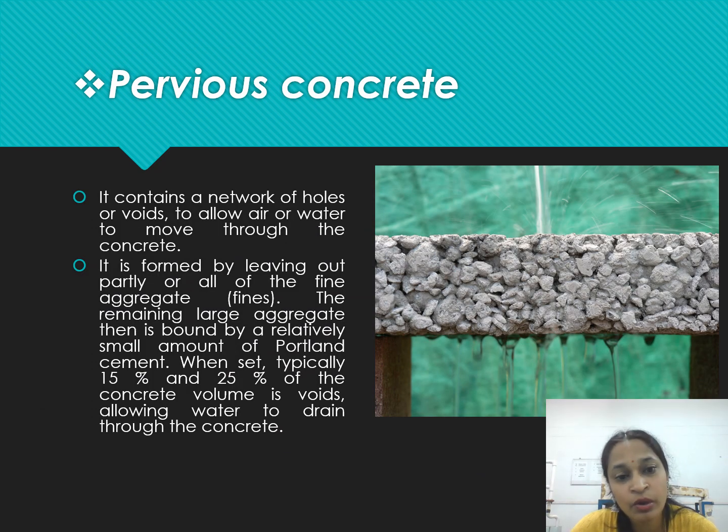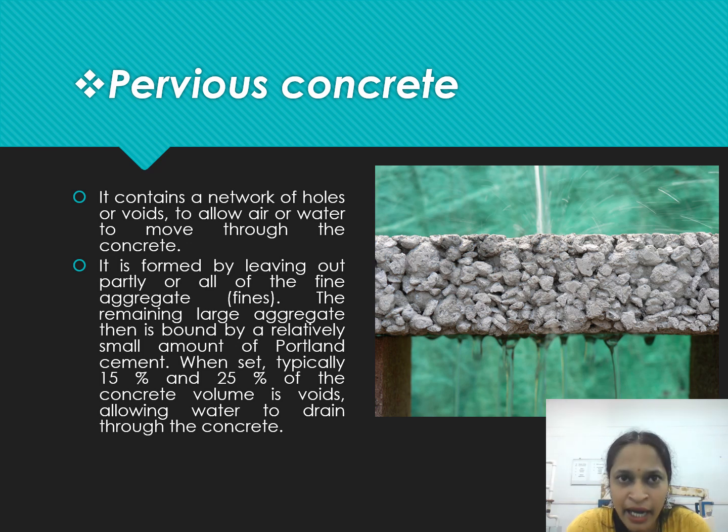Coming to pervious concrete, it contains a network of holes or voids, you can say, which allows air and water to freely move through it. So this won't let the water stand on the concrete and spoil it, and it easily percolates through the concrete. And how we do this actually?